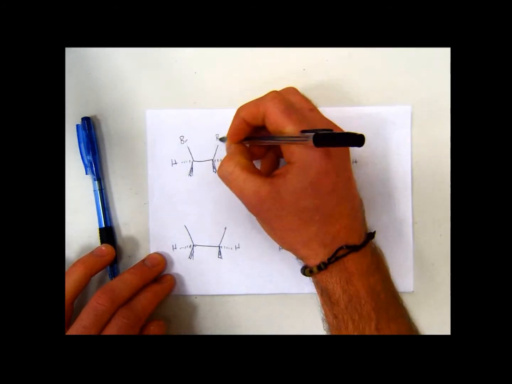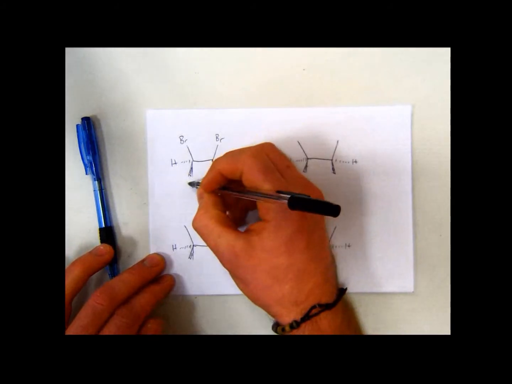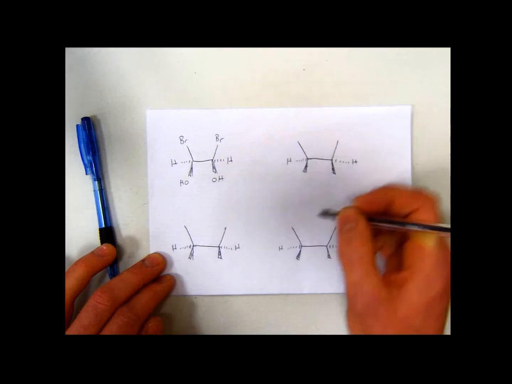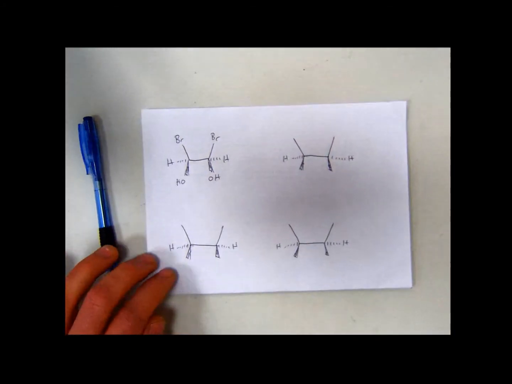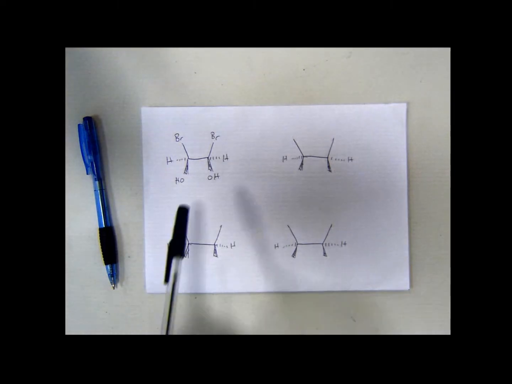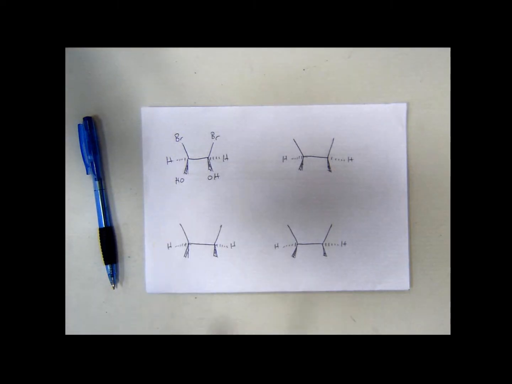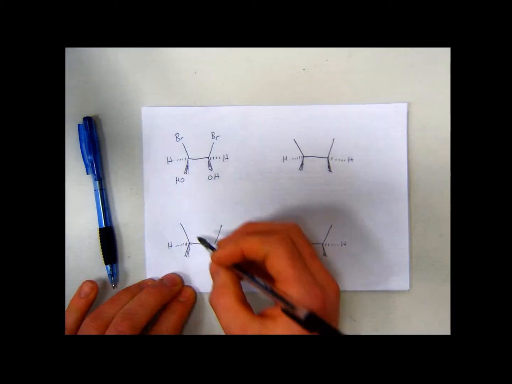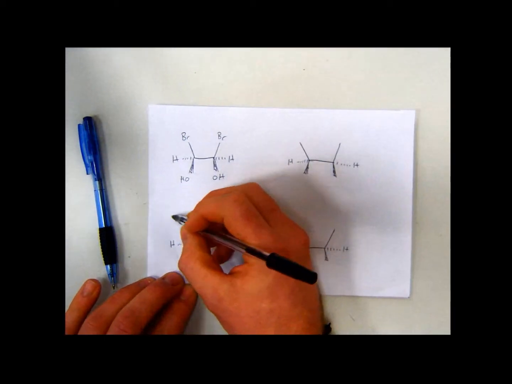Let's have 2 bromines on the top and 2 hydroxyl groups pointing forwards. In the same way as before, you can see that we can put these into 4 different arrangements, which I'll do now.